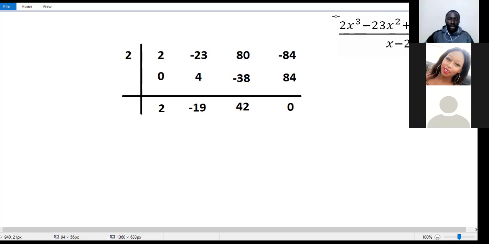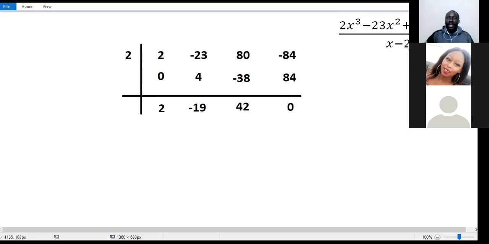You start with the coefficient of x cubed, you write it there. This is the coefficient of x squared, you write it here. This is 80, the coefficient of x, you put it down, and then you write the constant. The constant is negative 84, you put it there.